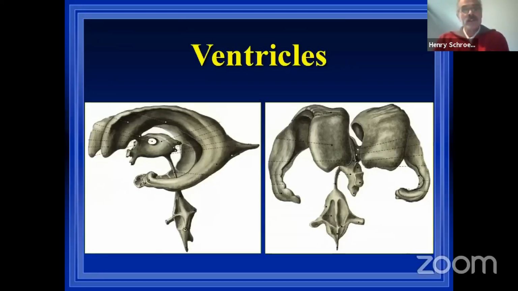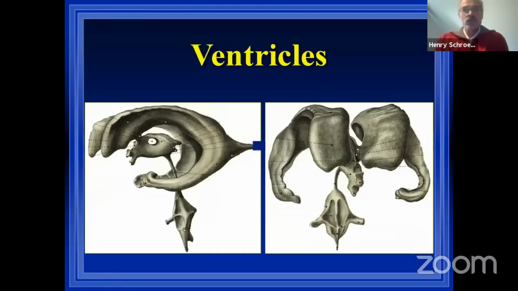So this is the ventricular system. Everybody knows the frontal horn, the central part, the occipital horn, and the temporal horn of the lateral ventricles. Then we have the foramen of Monro going to the third ventricle, going through the aqueduct to the fourth ventricle. And all these compartments can be approached with an endoscope, especially if they are dilated.